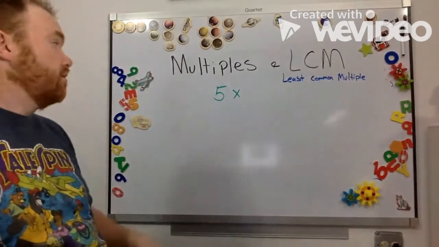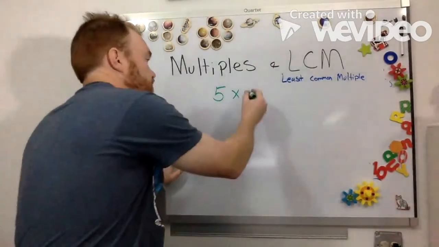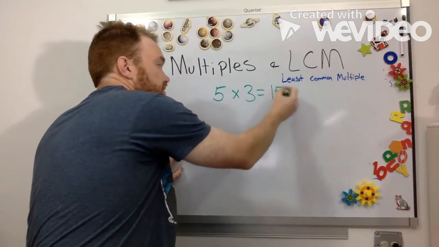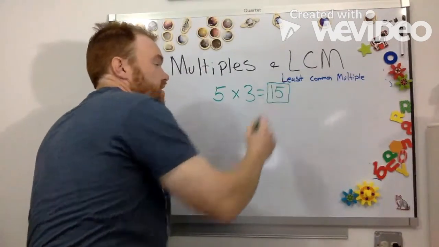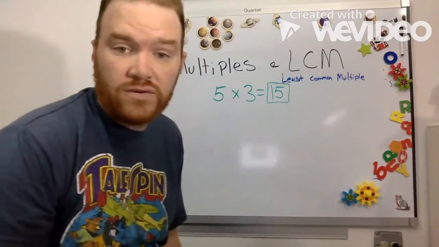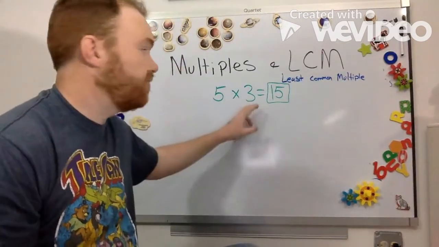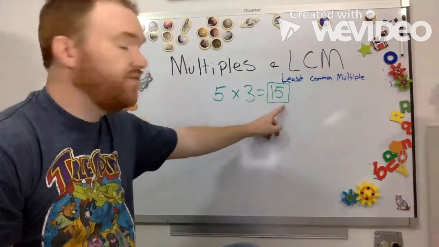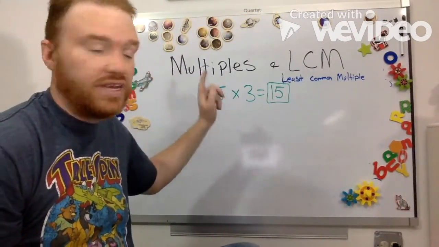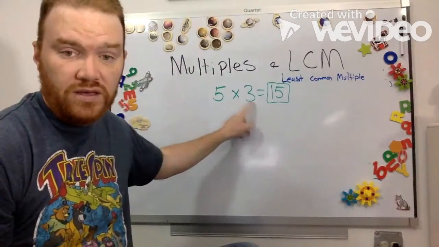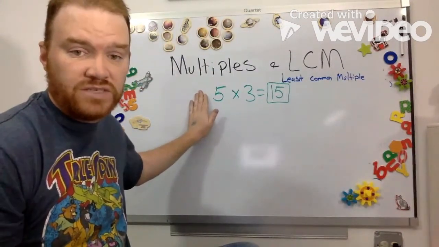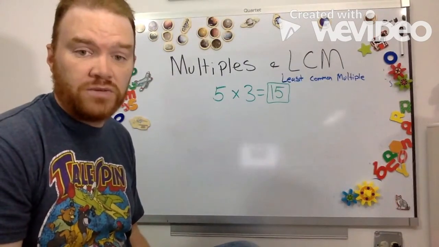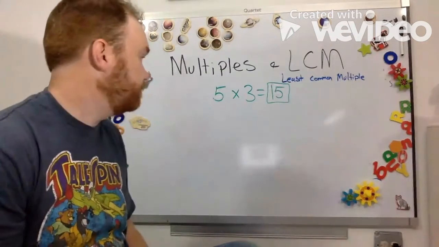So 5 times 3 gives me 15. This is my multiple. So 15 is a multiple of 5. Now it's also a multiple of 3, but in this case we were identifying our specific number as 5.